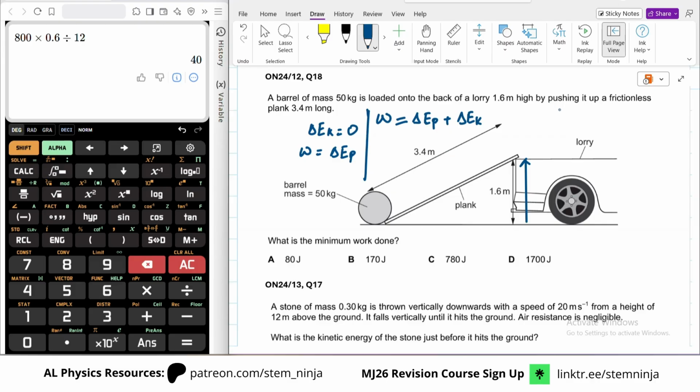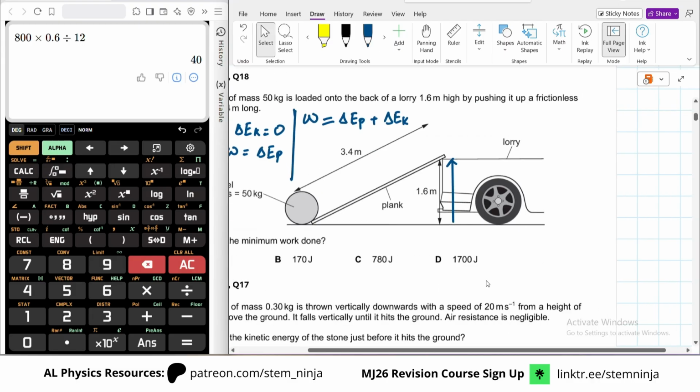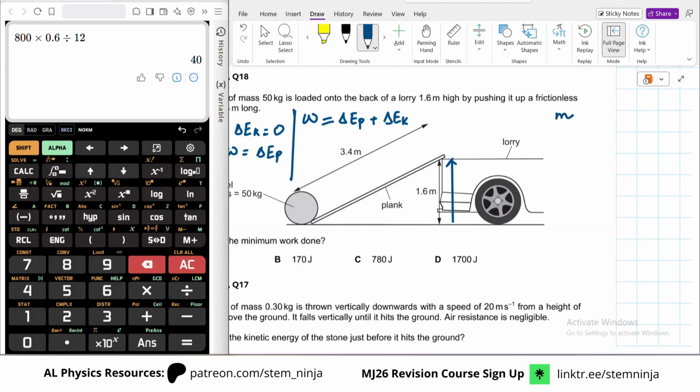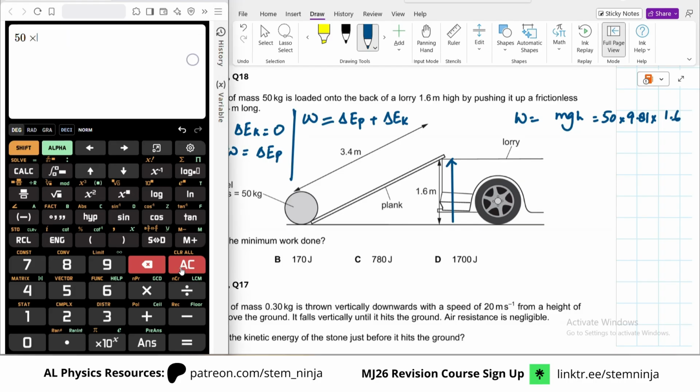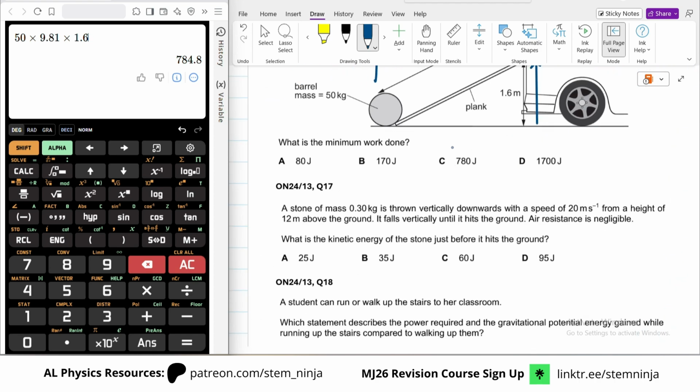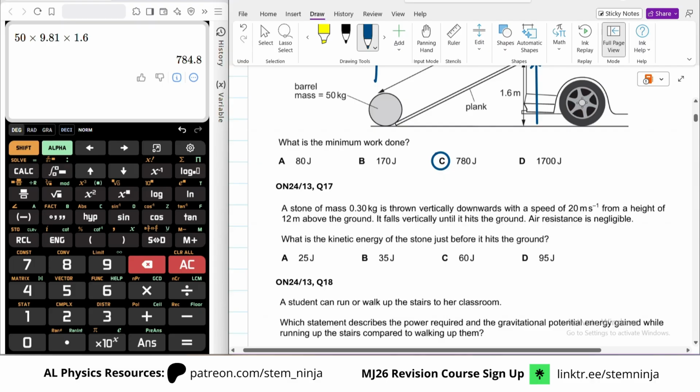So in this case, the mgh is 50g, that is the minimum work done. So that is 50 times 9.81 times 1.6, which is 784.8. To two significant figures, it would be 780.